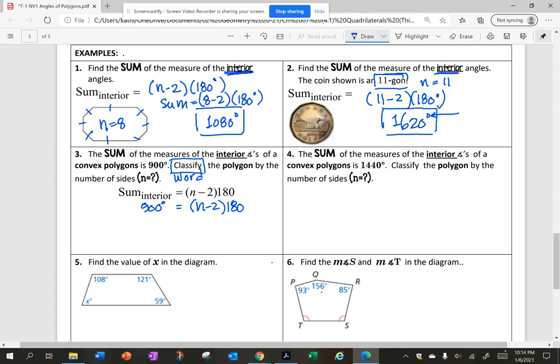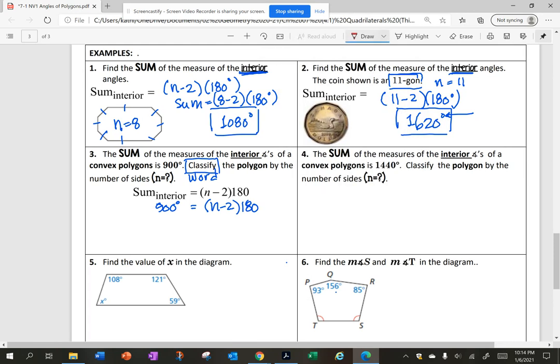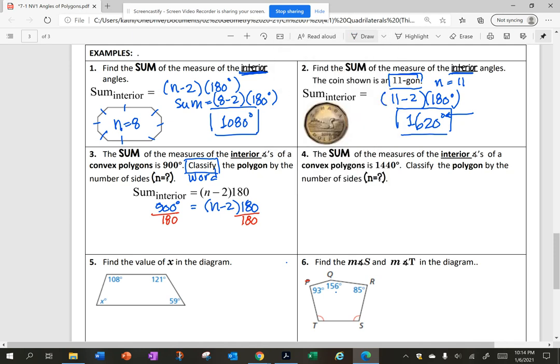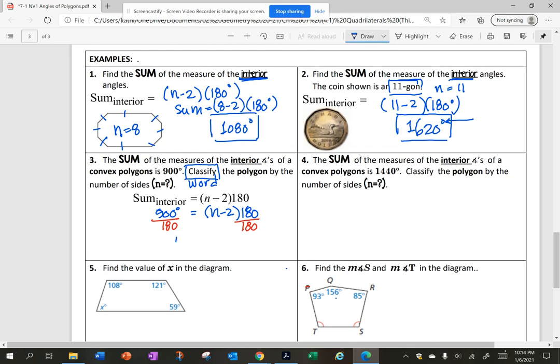So the first thing I want to do is divide by 180. So I'm going to divide by 180. After I divide by 180, I get 5. 5 equals, because 180 divided by 180 is 1, equals n minus 2. So I'm going to add 2 to both sides.